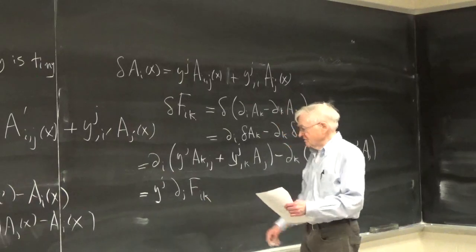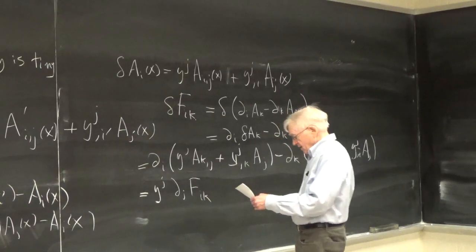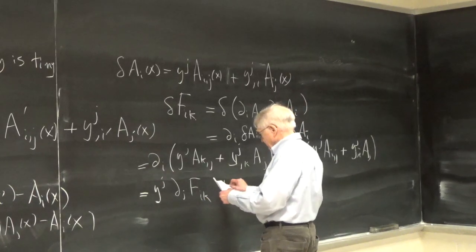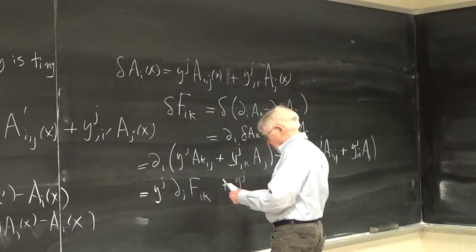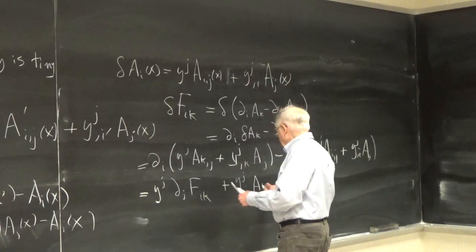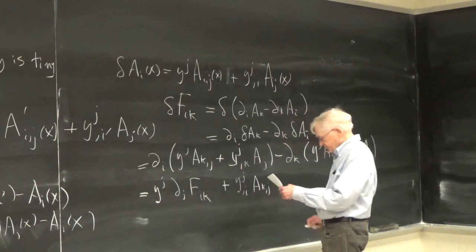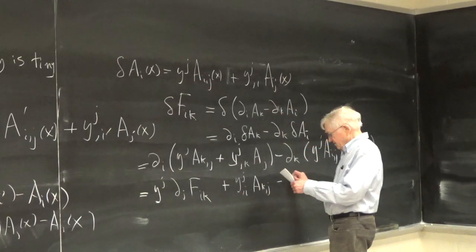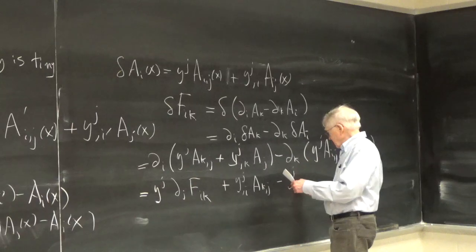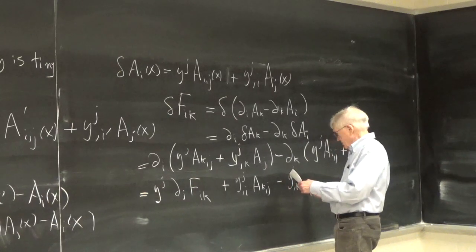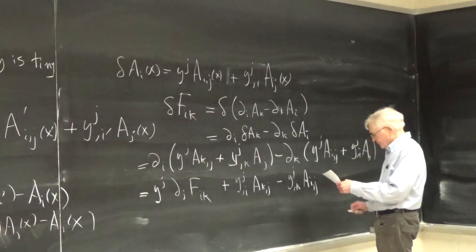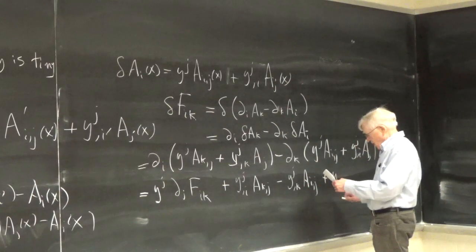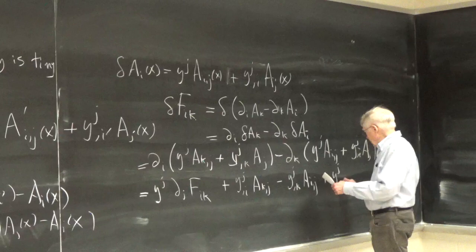So altogether we've got that term, and then we have several more terms. Plus y^j_{,i} a_{k,j} minus y^j_{,k} a_{i,j} plus y^j_{,ki}.